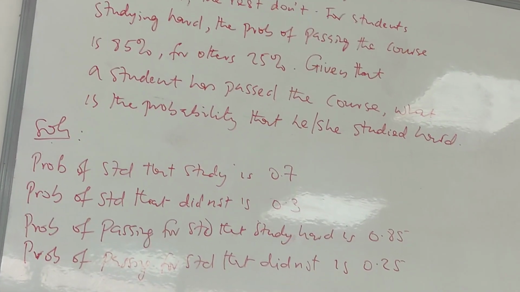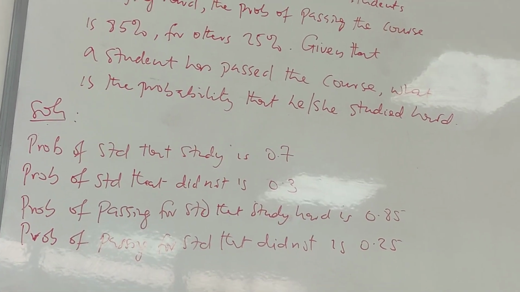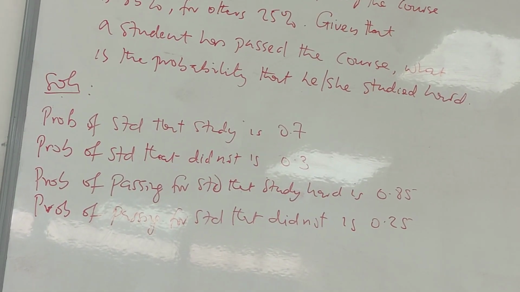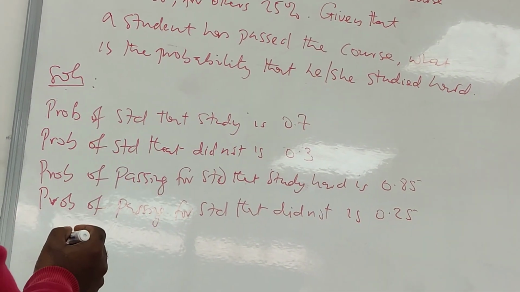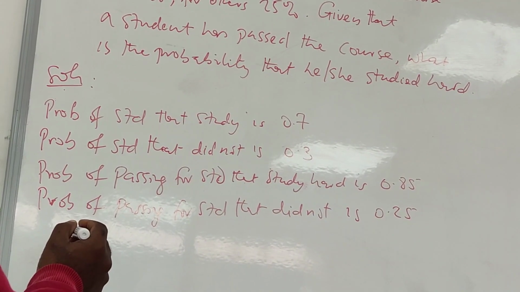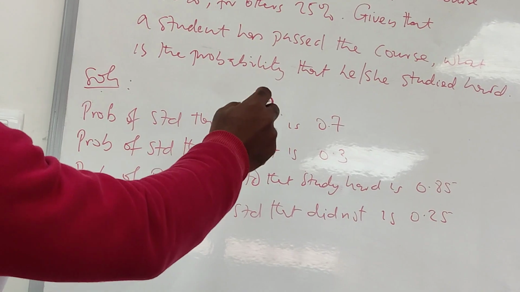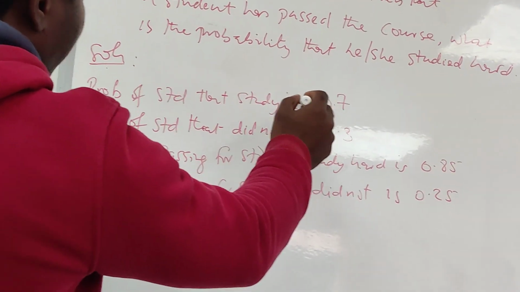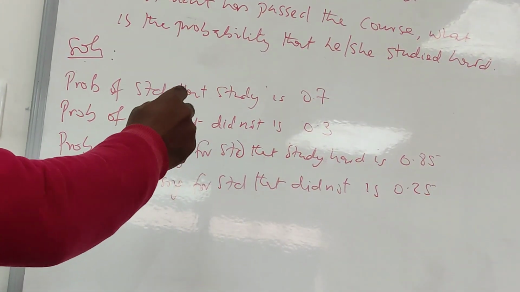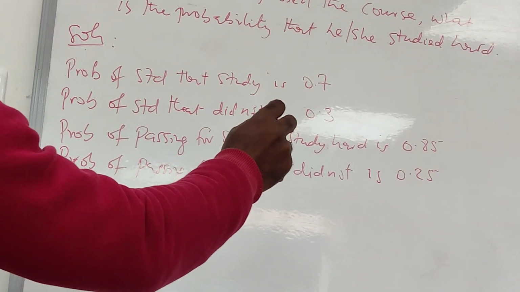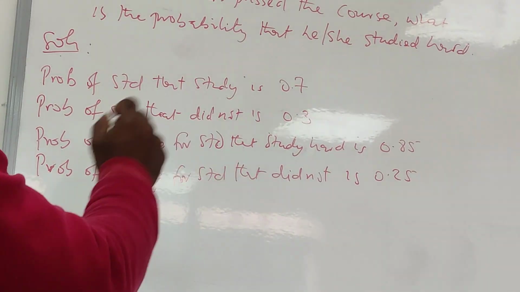So we are looking for the probability that the student studied hard, given that he or she has passed the course. So the probability for students that studied hard is this. Probability for students that did not is this. Probability of passing for students that studied hard is this.